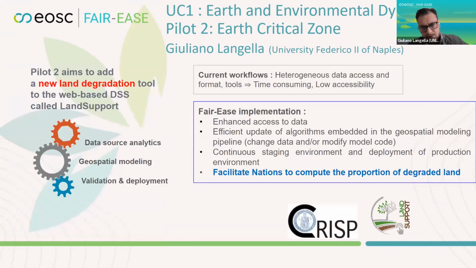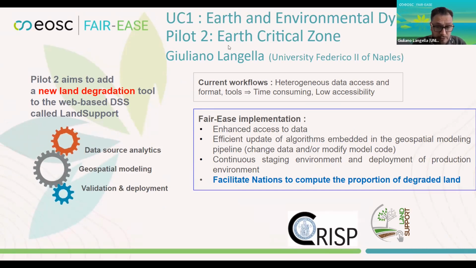Next slide. In the end, the main impact is to facilitate, for instance, nations in the computation of the proportion of degraded land, contributing to get this big picture, for instance, of the land degradation all over Europe.